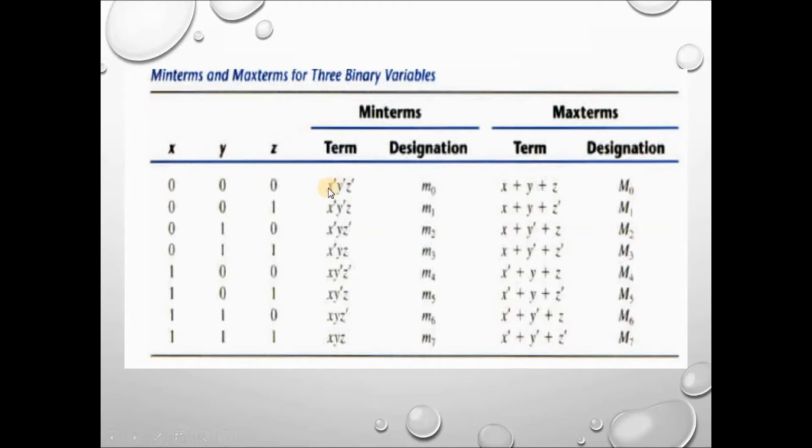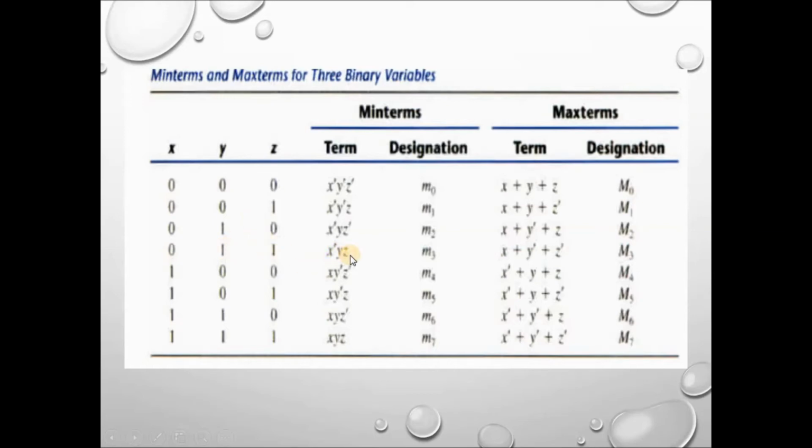So here you write x bar, y bar, z bar for the min term. For the last one, x is 1, true, so no bar: x, y, z. Here, x is false, 0, so you write x bar, and y and z are true, so y and z with no bar. That gives x bar, y, z.